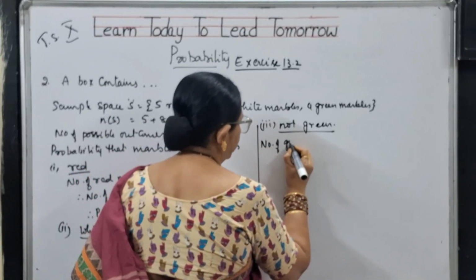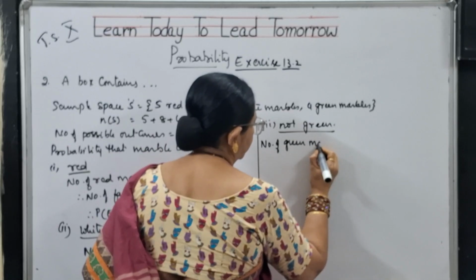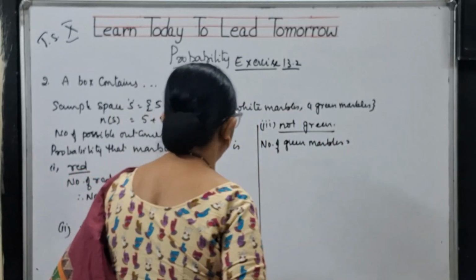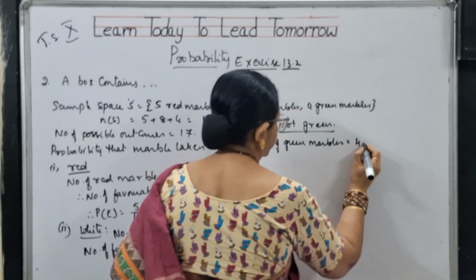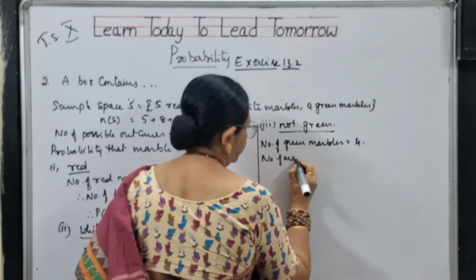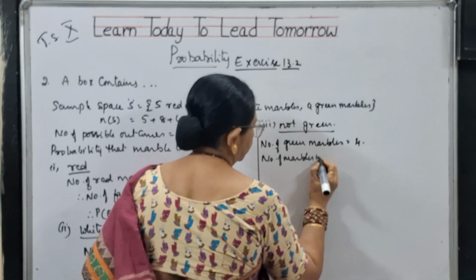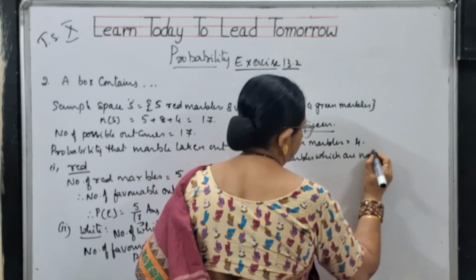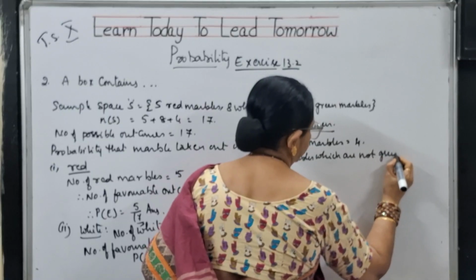First, number of green marbles. How many are there? Number of green marbles are 4. So, number of marbles which are not green, how will you find out?